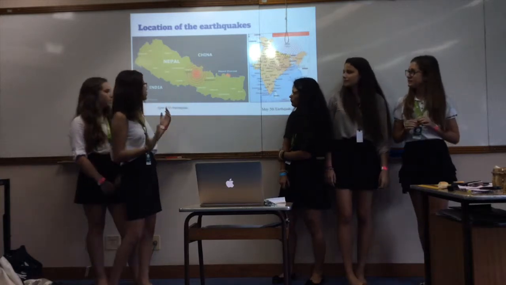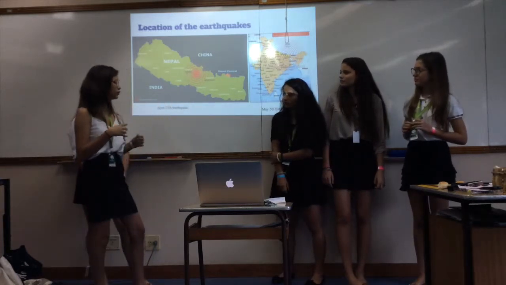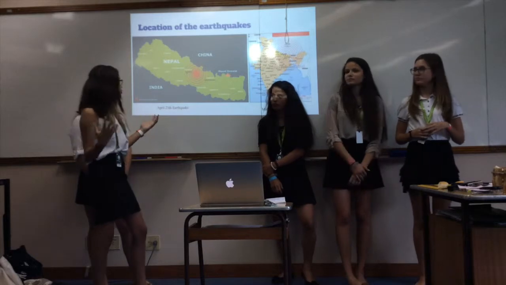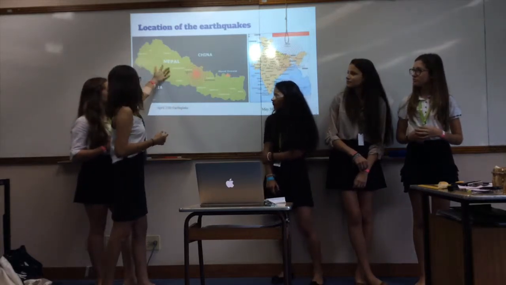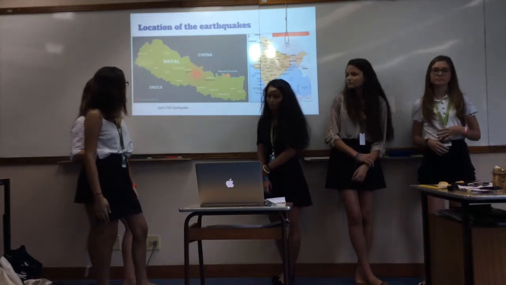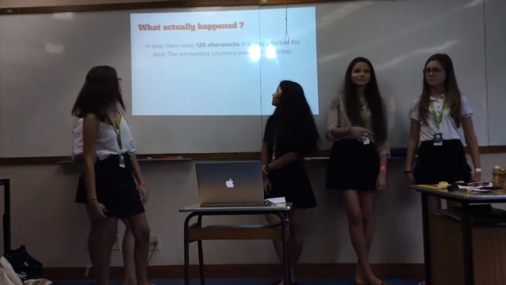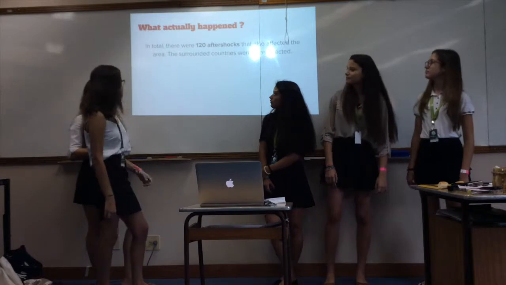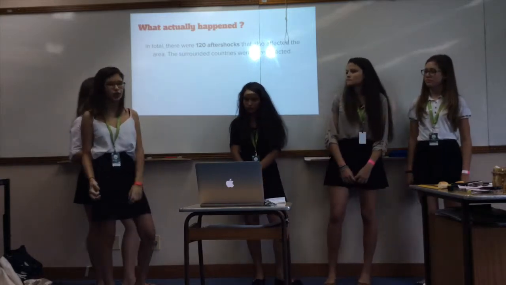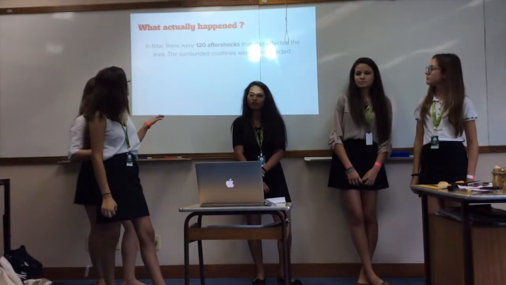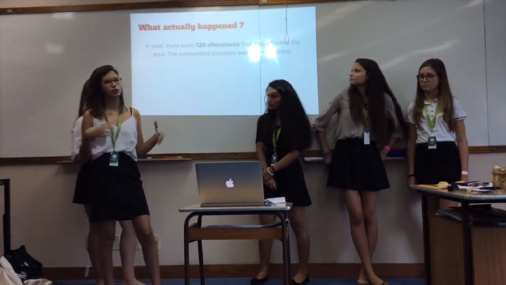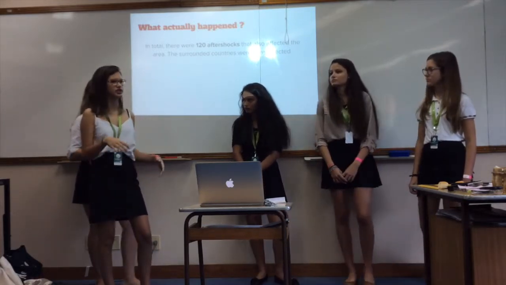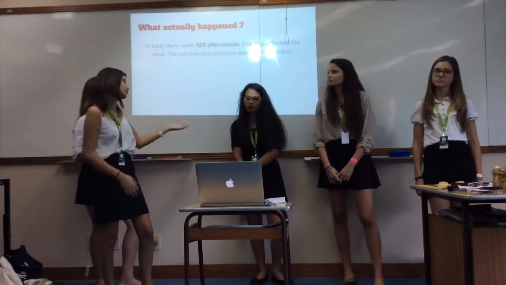You can see that the earthquake was so brutal, so huge, that even though it happened here, thousands of people died here. In total, there were 120 aftershocks that affected that area, but the surrounding countries weren't as affected, which is one of the reasons why we're focusing on Nepal.